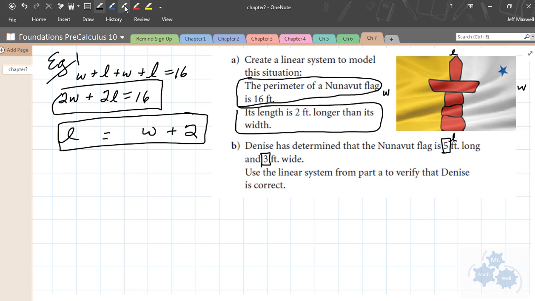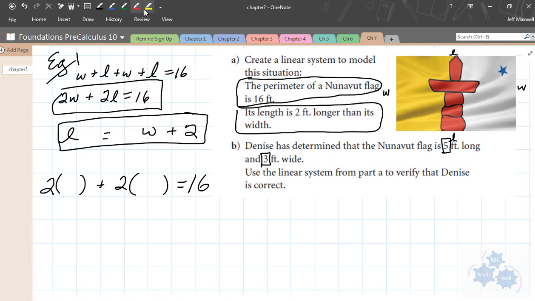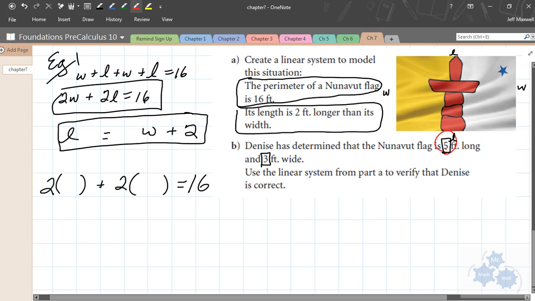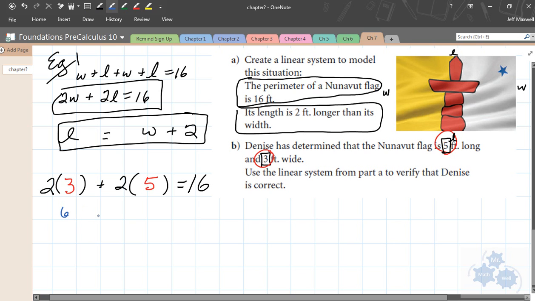So that means that we should have 2 times the width plus 2 times the length equals 16. So the length is 5 feet. How do I know it's the length? Because it's longer, right? So put the 5 there. The 3 is the width here. Oh, it says long and wide. So 3 goes here. Now, is this true? Let's see. That's 6 plus 10 equals 16. Yes, so 3 and 5 fits for that equation.